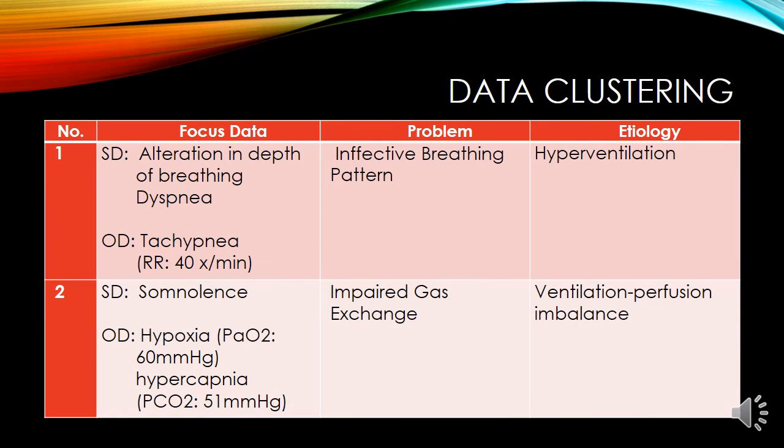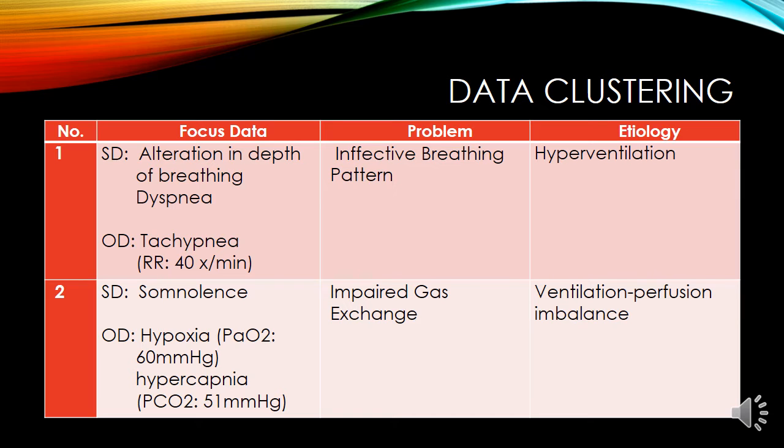Data clustering. Number one, we have focus data, problem, and etiology. For focus data, SD: alteration in depth of breathing, dyspnea. OD, or objective data: tachypnea with respiratory rate 40 times per minute.